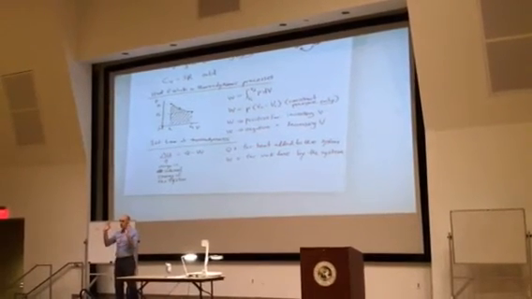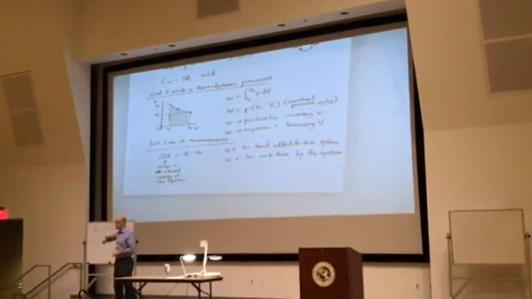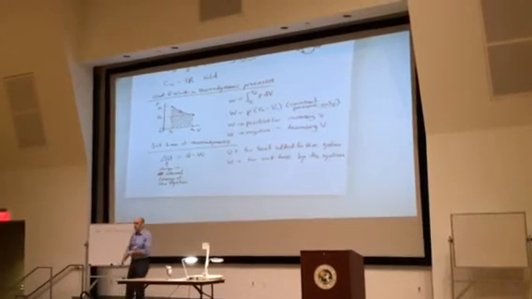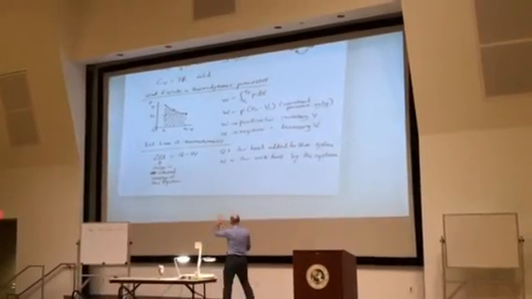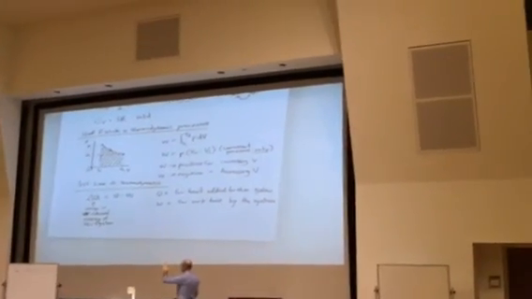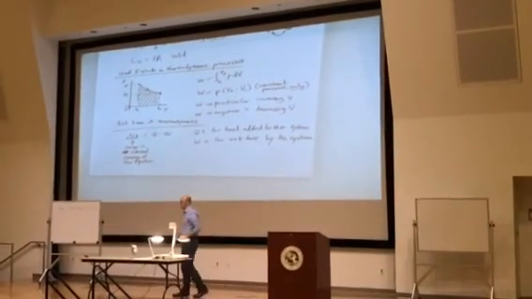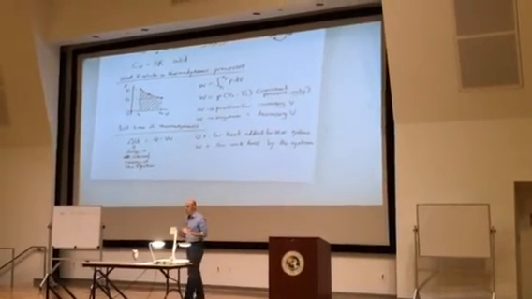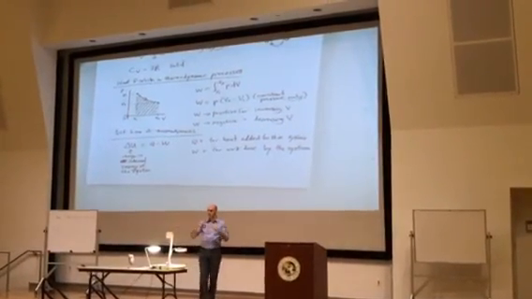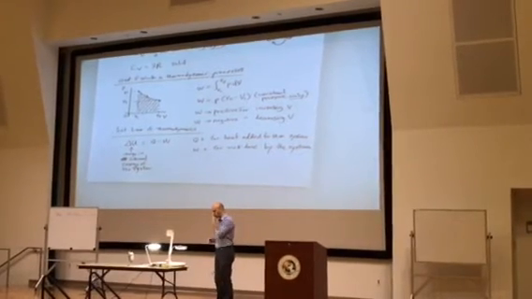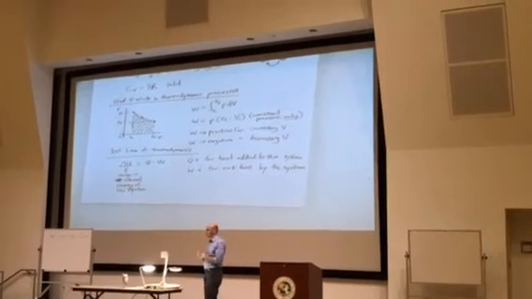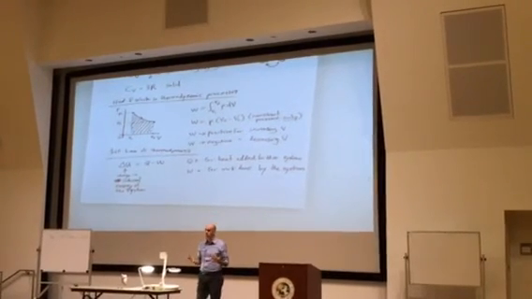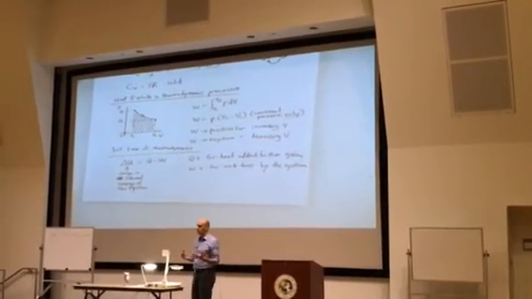If I don't do any work, if work is 0, I just add Q, that should increase U, right? If there's no heat added or removed from the system, so Q is 0, but the system does some work, it changes volume, does some work, but there's no heat added or removed from the system, right? What kind of process would that be, first of all? What's that?